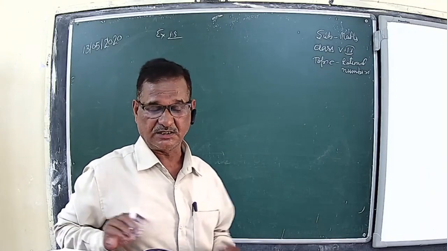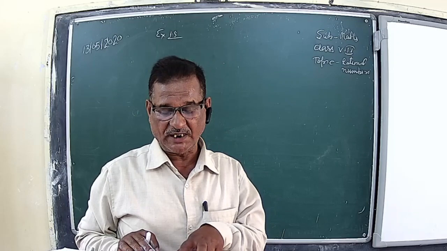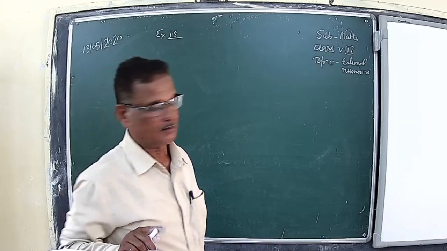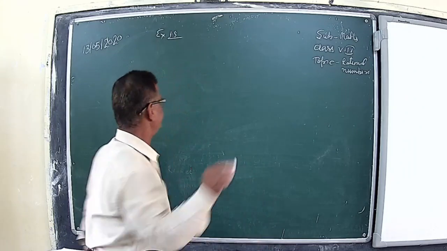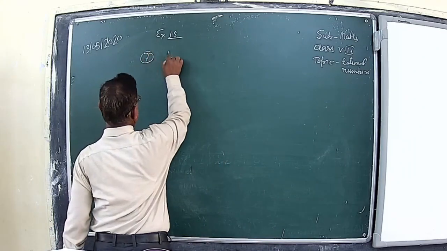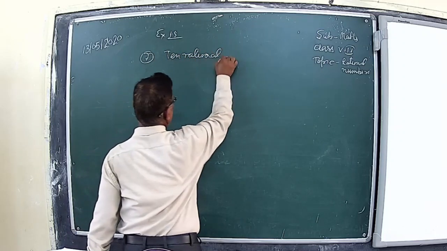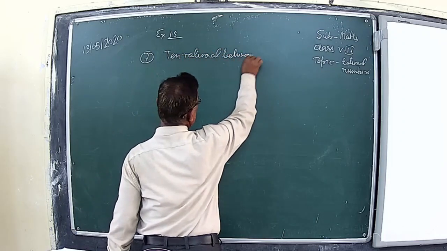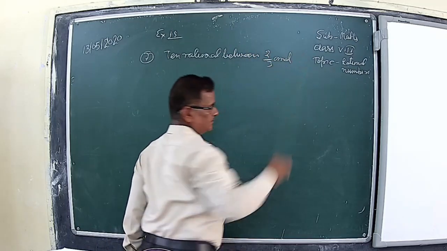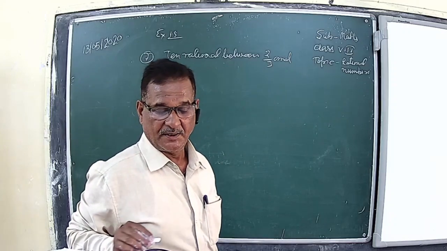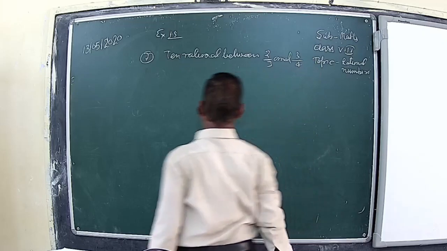Question number 7. Find 10 rational numbers between 2 by 3 and 3 by 4.